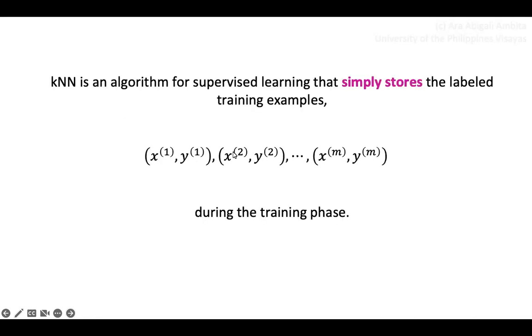So KNN is an algorithm for supervised learning. In other words, the data is labeled, such that it simply stores the labeled training examples during the training phase. As you can see here, we have a number of samples M, wherein we have a pair of X features with its corresponding label.